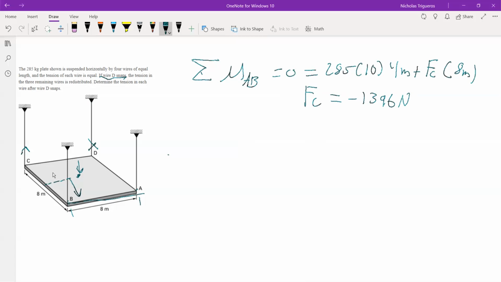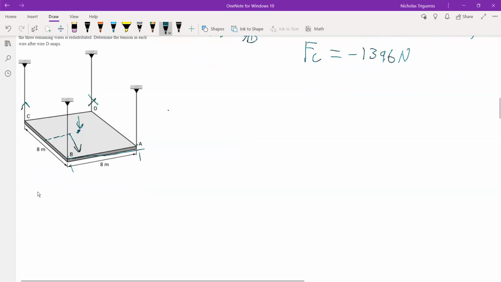You guys can't see the answer choices, but the answer choices basically all they say is like F. Let me see if I can get it really quick. Let me pause that. The answer choices.